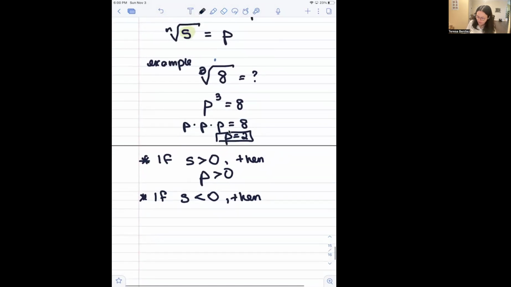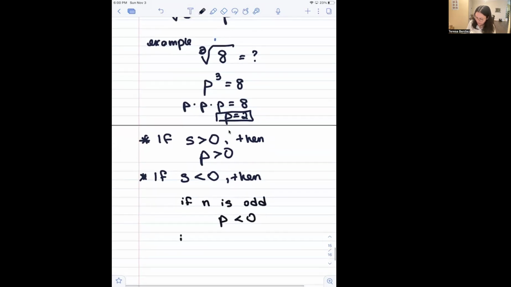So if this number that's highlighted up there, S, is negative, then if N is odd, such as 1, 3, 5, and so on, then P will be negative.